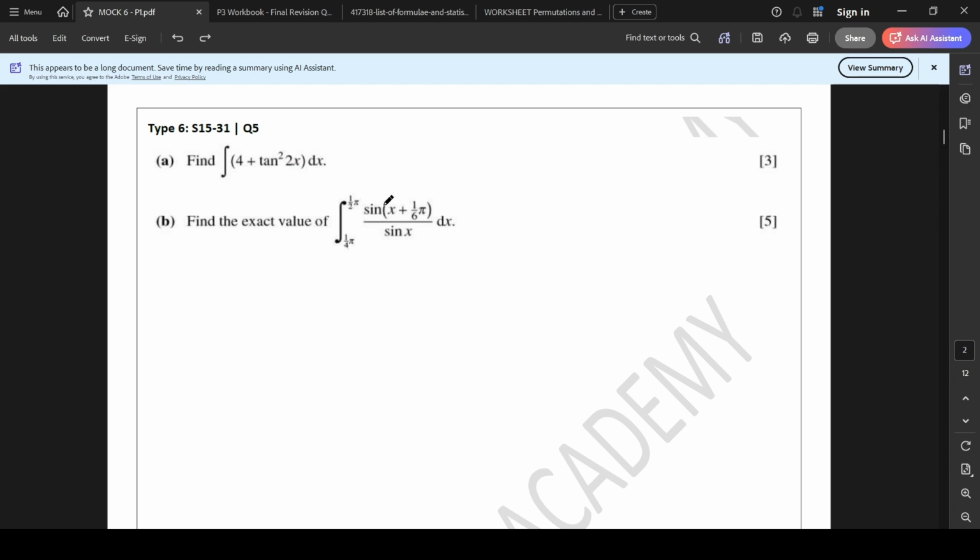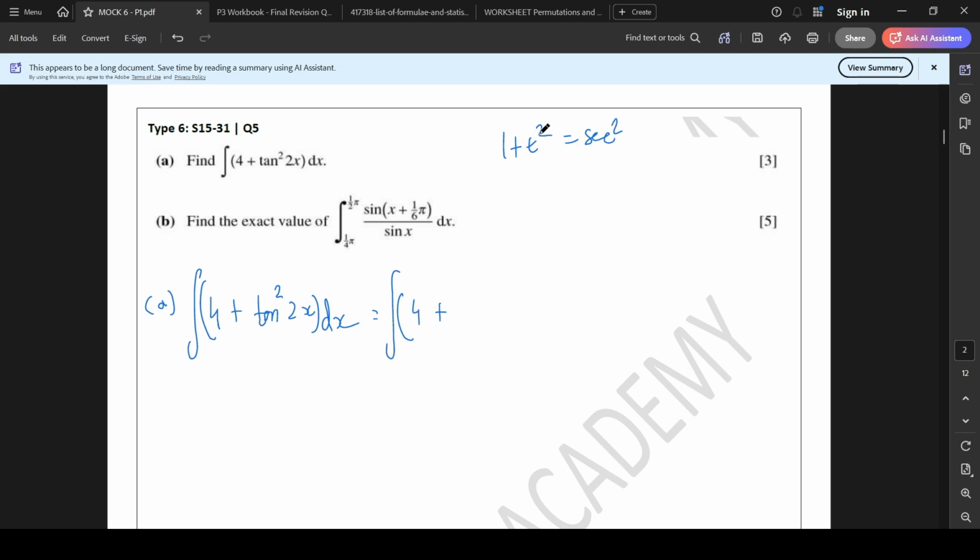And for part B, I'm going to simply utilize the formula of sine of A plus B and then expand and then simplify. Cut this sin x or maybe convert it into a different form in which I know how to integrate. So starting with part A, integration of 4 plus tan square 2x can be written as integration of 4 plus, 1 plus tan square was equal to sec square.